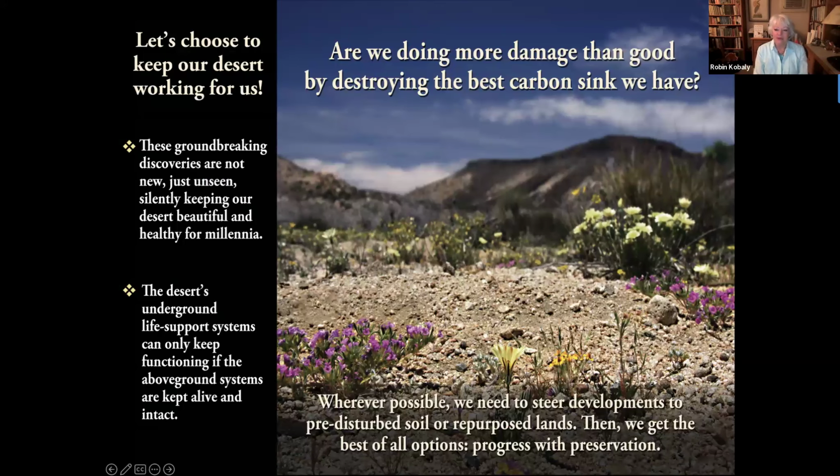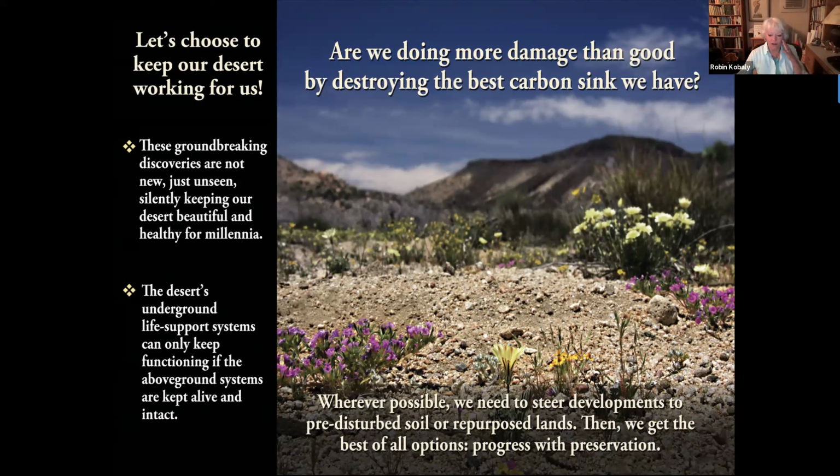So, are we doing more damage than good by destroying the best carbon sink we have? I think we could do what we're doing a whole lot smarter. We could keep the intact desert going. We could be using fallow agriculture, maybe mining sites that have been abandoned, parking lots. There are so many other places that we can put big developments, including industrial scale solar, that are not on intact desert soils.